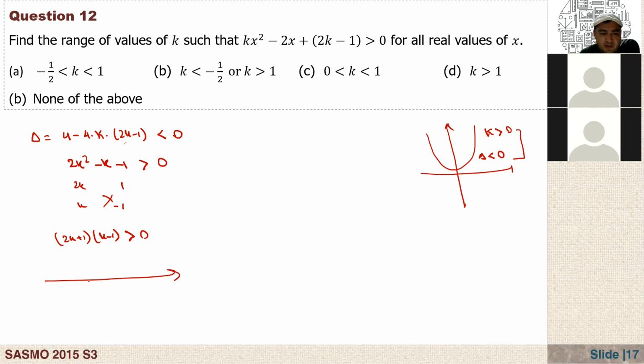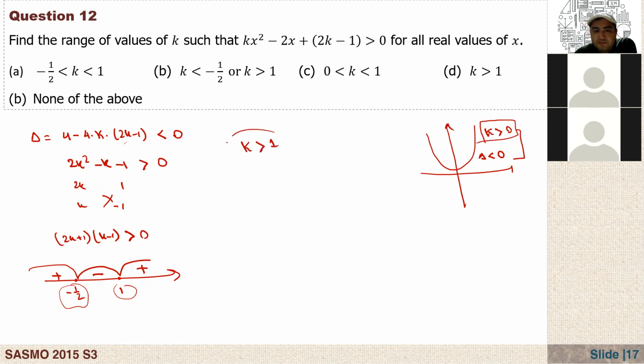Now if we draw the line, here we have minus 1 over 2, and here we have 1. It is plus, minus, plus, right? So when k is less than minus 1 over 2 or greater than 1, the discriminant is less than 0, right? But also we have the condition that k must be greater than 0. The only answer is k greater than 1. So the answer is D.